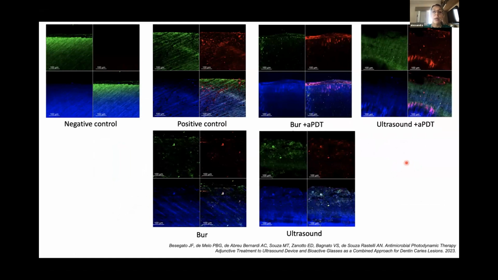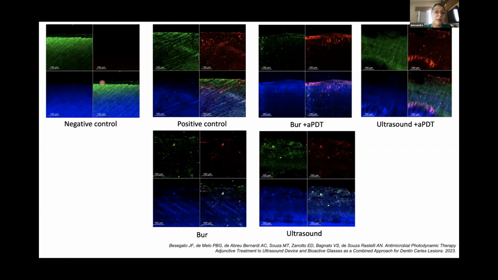Once we have worked here in Brazil with minimally invasive procedures, just removing the infected dentin. Here we can show some images where we can see the decontamination of the tubules by antimicrobial PDT.